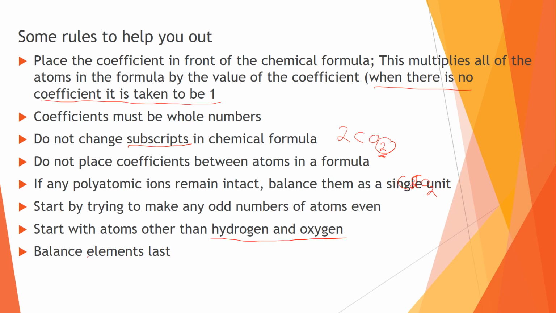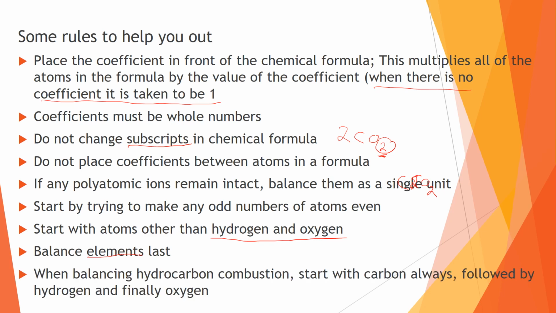So if you have an element like O2, H2 or N2, leave those till the end, and that tends to make it a little bit easier. When balancing hydrocarbon combustion, start with carbon first, followed by hydrogen, and finally oxygen last. I'll tell you what I mean by a hydrocarbon combustion. These are easily recognizable reactions that have a certain kind of formula to them, and we'll see how to recognize those in a minute.